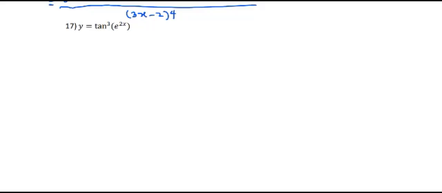And then lastly, we have number 17. y is equal to tan cubed of e to the power 2x. And again, this is a composite function where our outside function is tan cubed. So this is tan of e to the 2x, and then all of this is cubed.